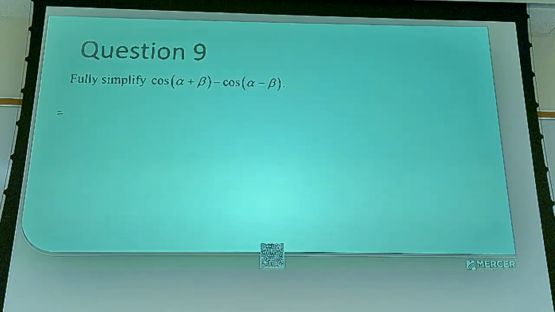The sum identity for cosine, remember, the cosine switches your operation.